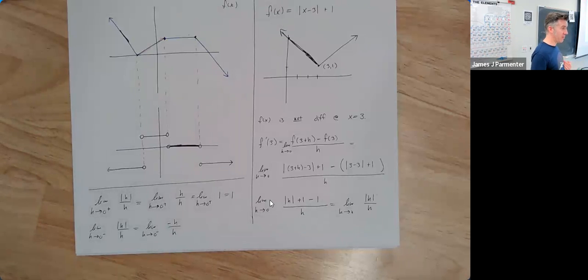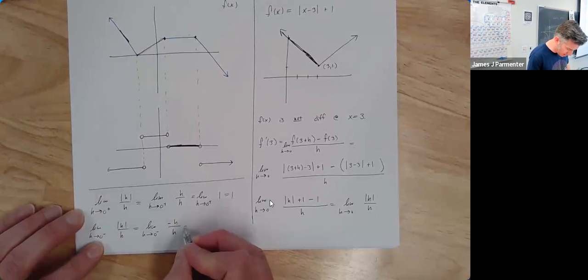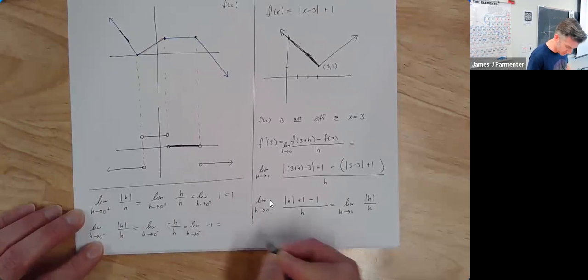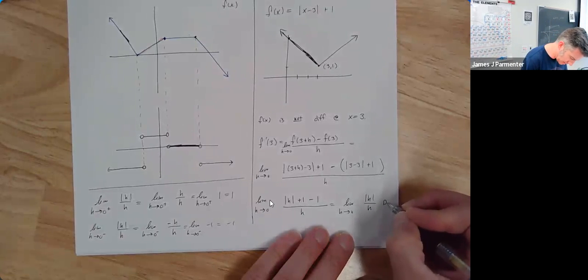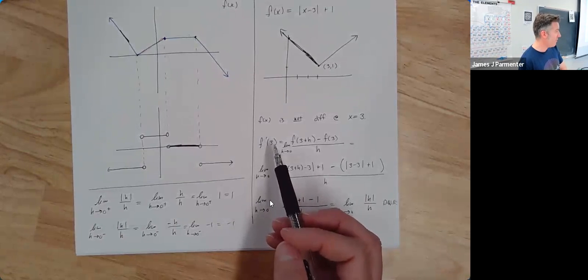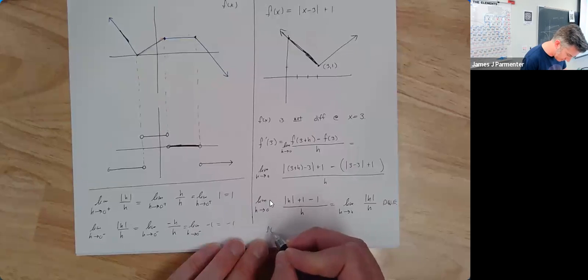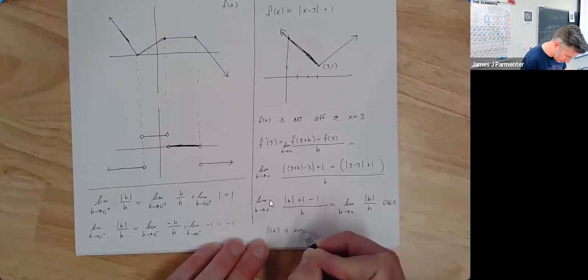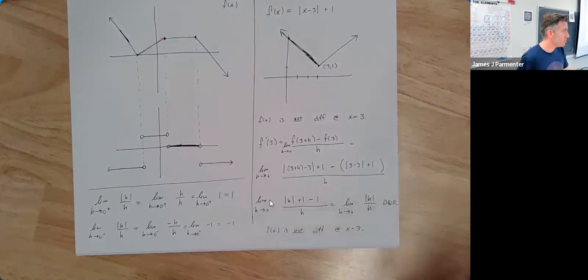That's how you change a negative to a positive. So then negative h over h is -1, and the limit as h goes to 0 from the left of -1 is -1. And these two don't match, so this limit does not exist. But this limit was the derivative of f at 3, so that means f prime of 3 does not exist, or f of x is not differentiable at x equal to 3.